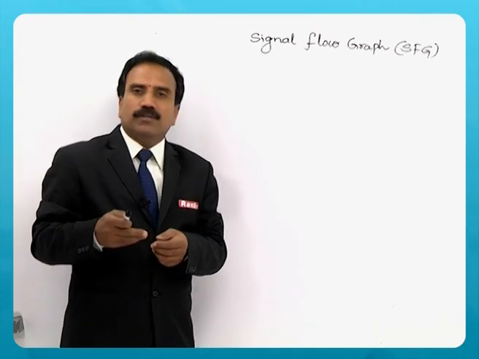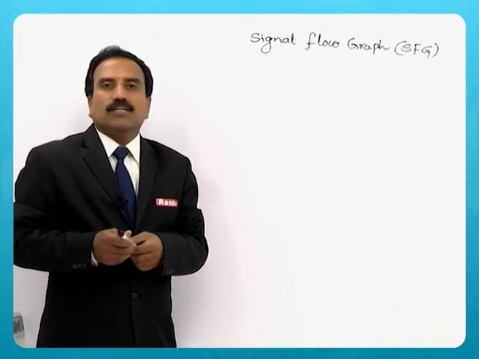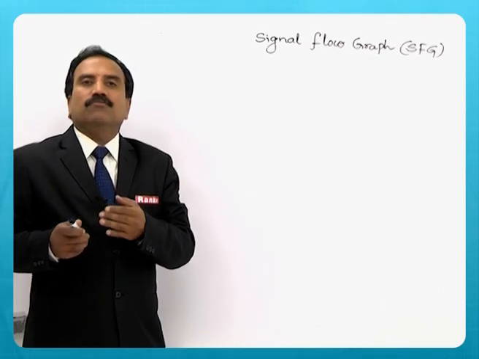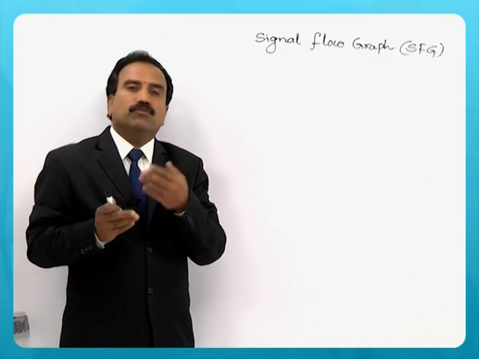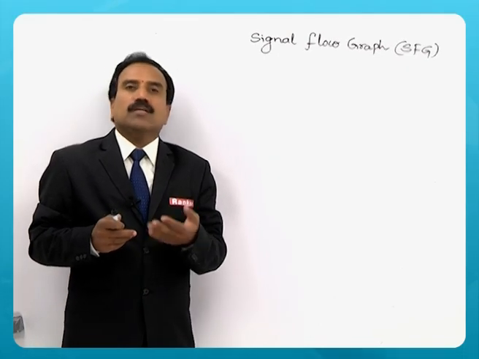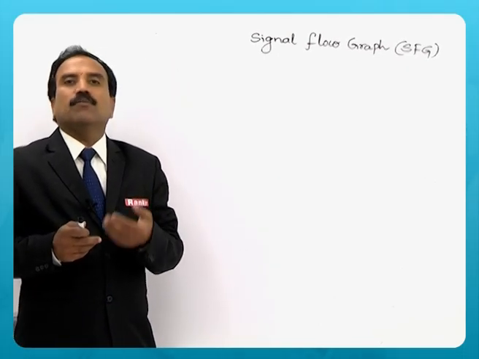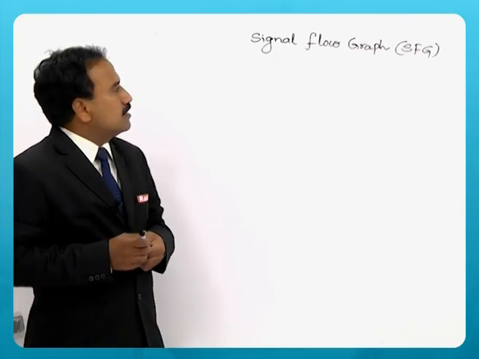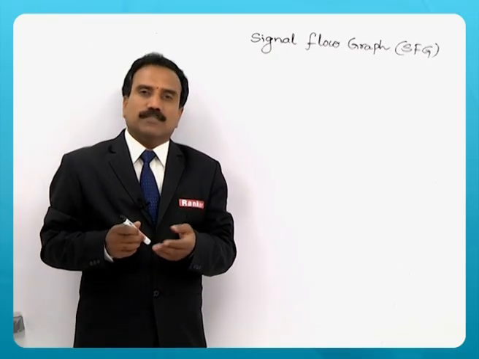For each step you need to draw the reduced block diagram and finally get a single block to find out the overall transfer function. Laborious, time consuming, complex, possibility of committing mistakes. Signal flow graph is not like that.